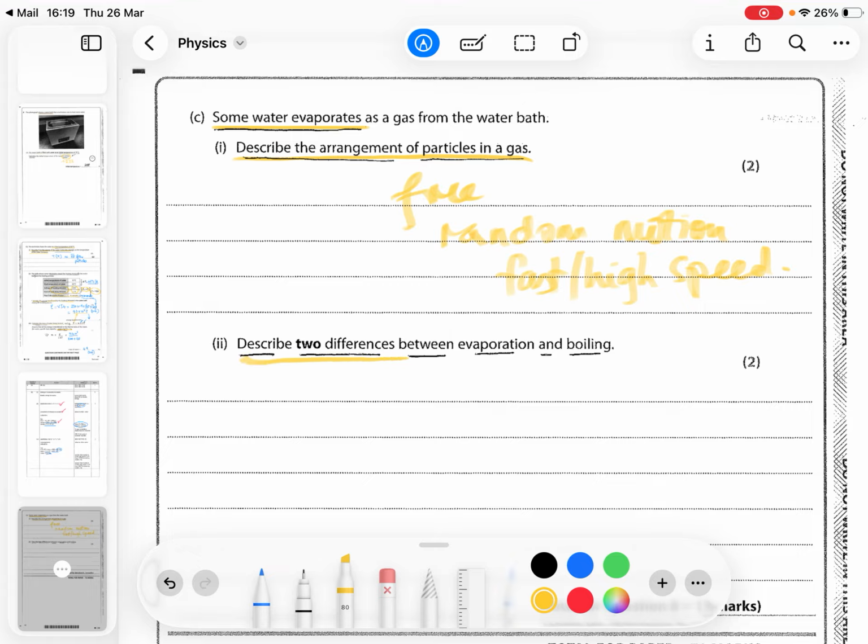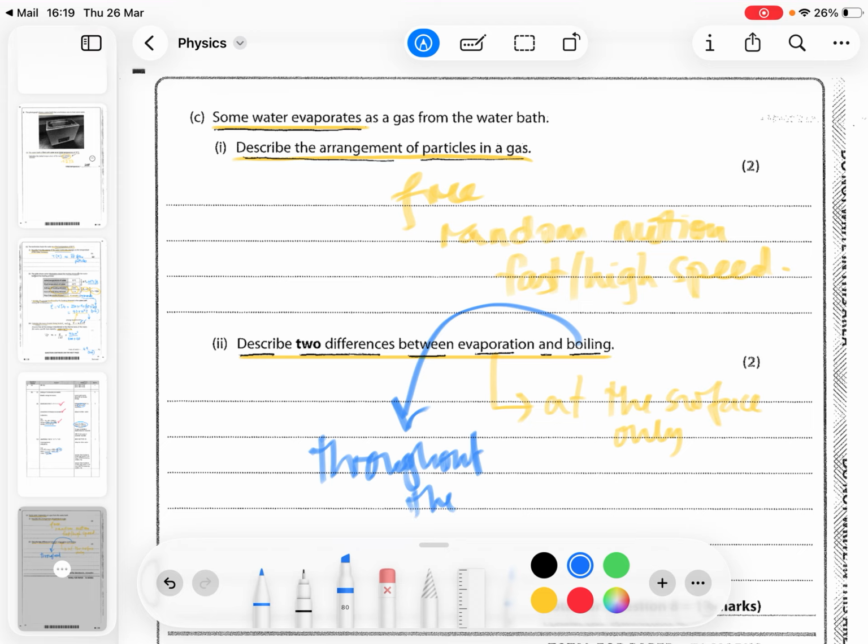Describe two differences between evaporation and boiling. So evaporation happens at the surface only, whereas boiling happens throughout the liquid.